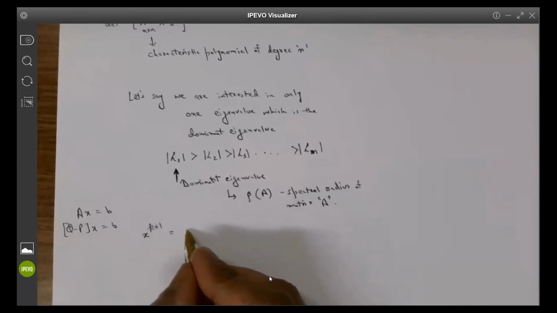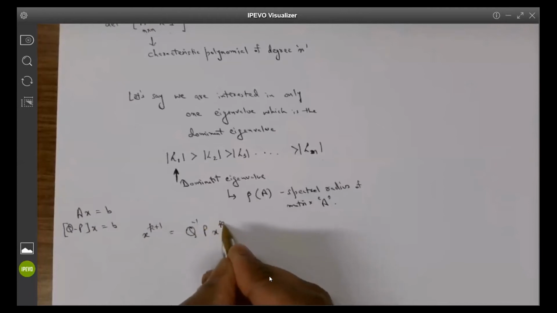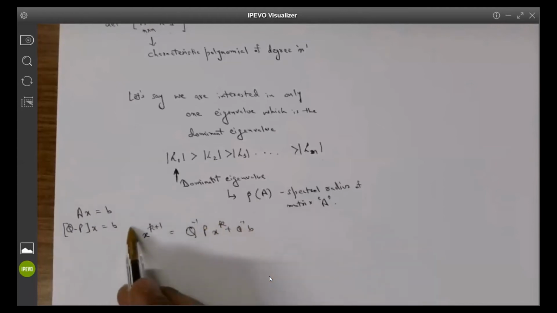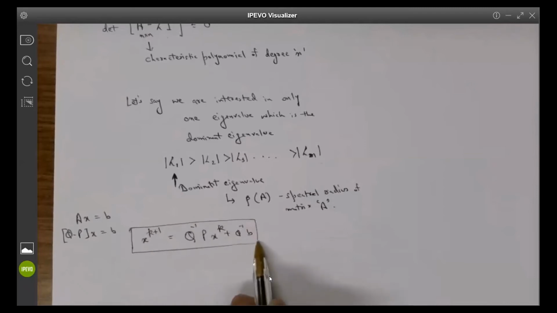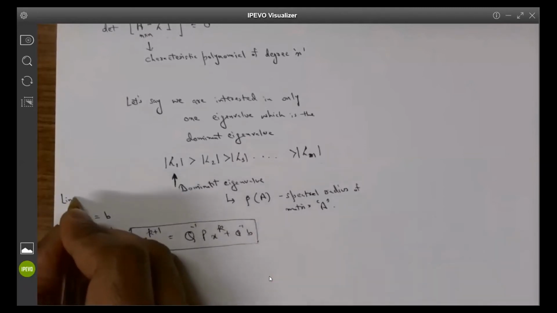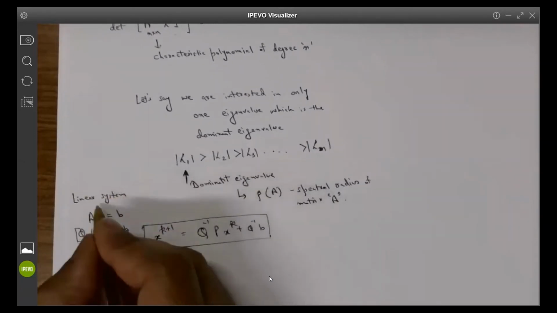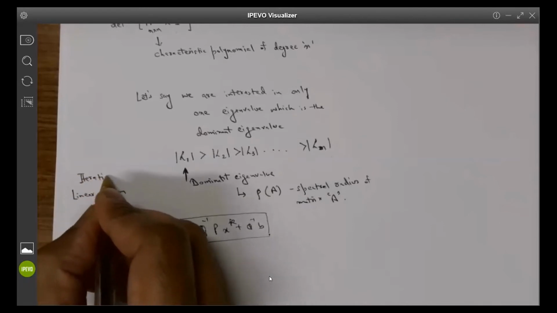And then we were representing it as x_{k+1} equals Q inverse P x_k plus Q inverse b. So we were using an iterative technique to solve our linear system of equations. Do you remember, guys, the discussion we were having? Yes. Is everybody following what we are doing here? So, iterative methods for solution of linear systems of equations.